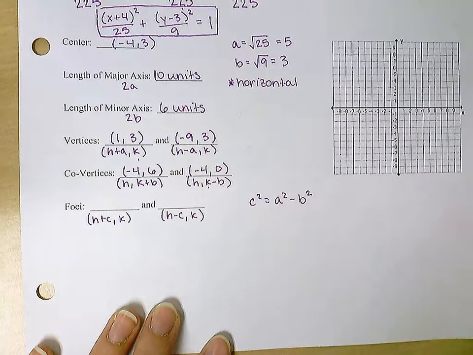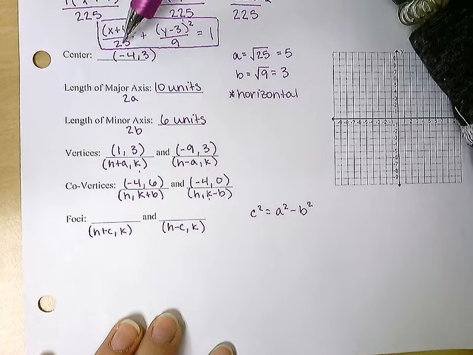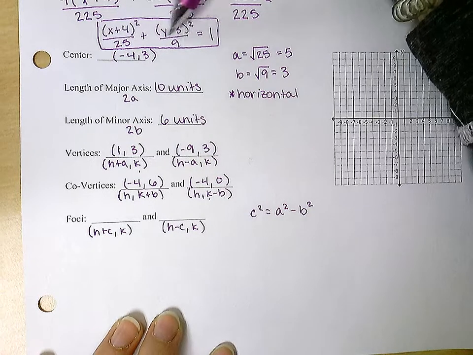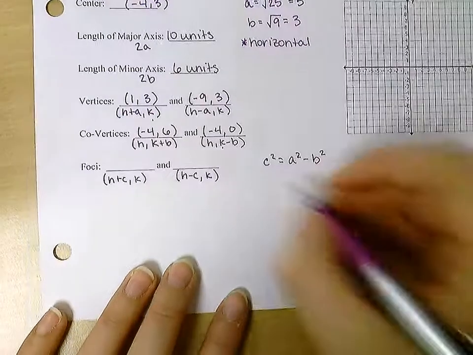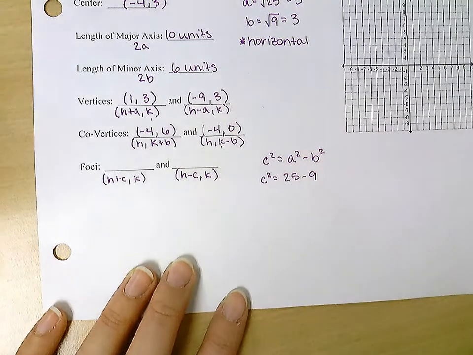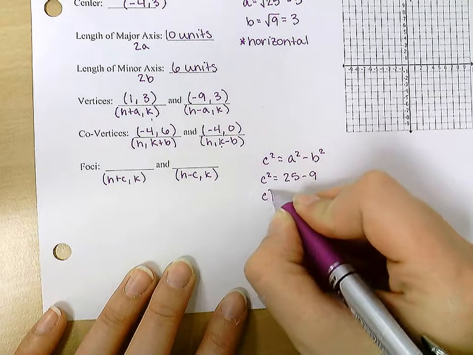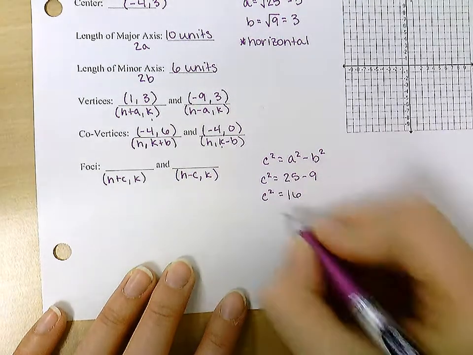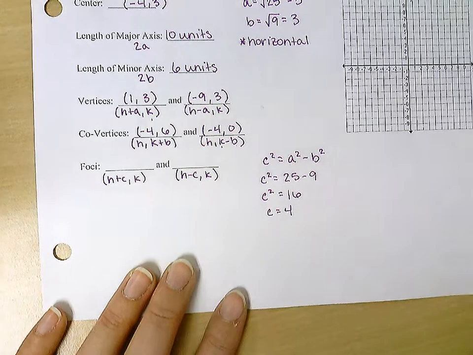It's from my original equation. That's up here. Okay, A squared is 25, B squared is 9. Okay, so C squared is equal to 16. So C is equal to 4.